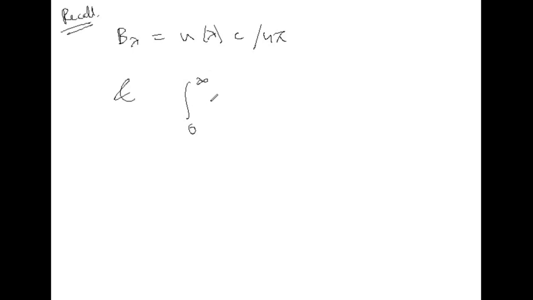You must recall that B lambda is equal to U lambda c by 4 pi, and also this: the integral of B lambda d lambda is equal to A T to the power 4, equation 29.